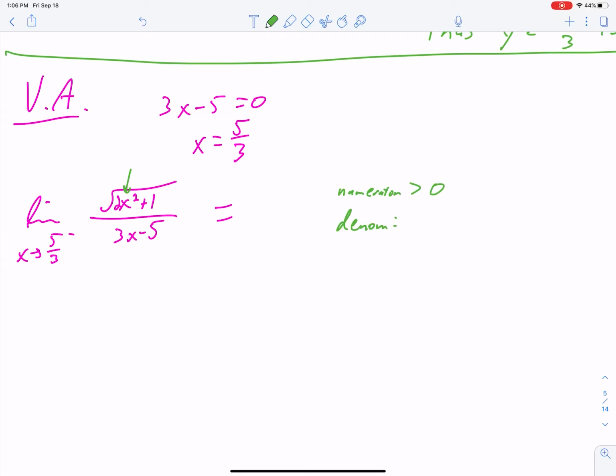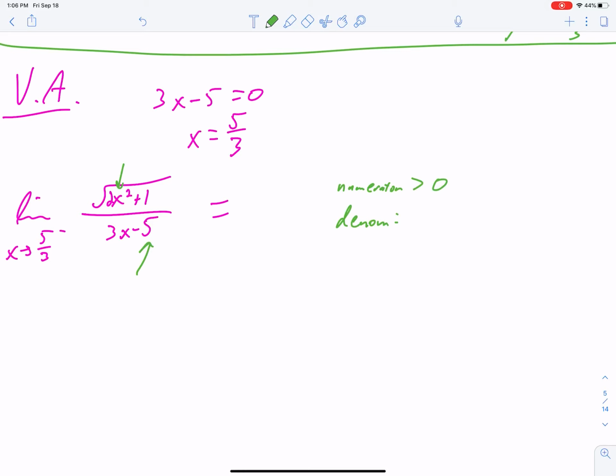Let's analyze the denominator though. If we plug in 5/3, we get a 0. But if we come towards 5/3 from the left, that's going to be less than 5/3. So just think, plug in 4/3, my mistake. That's going to give us a negative number, because 3x will be less than 5 and we're subtracting 5.